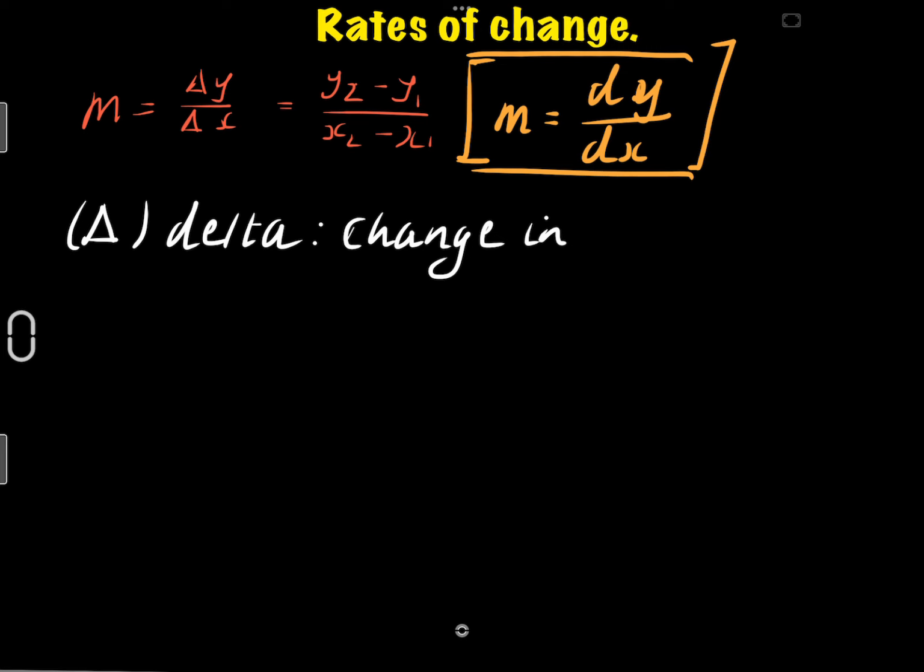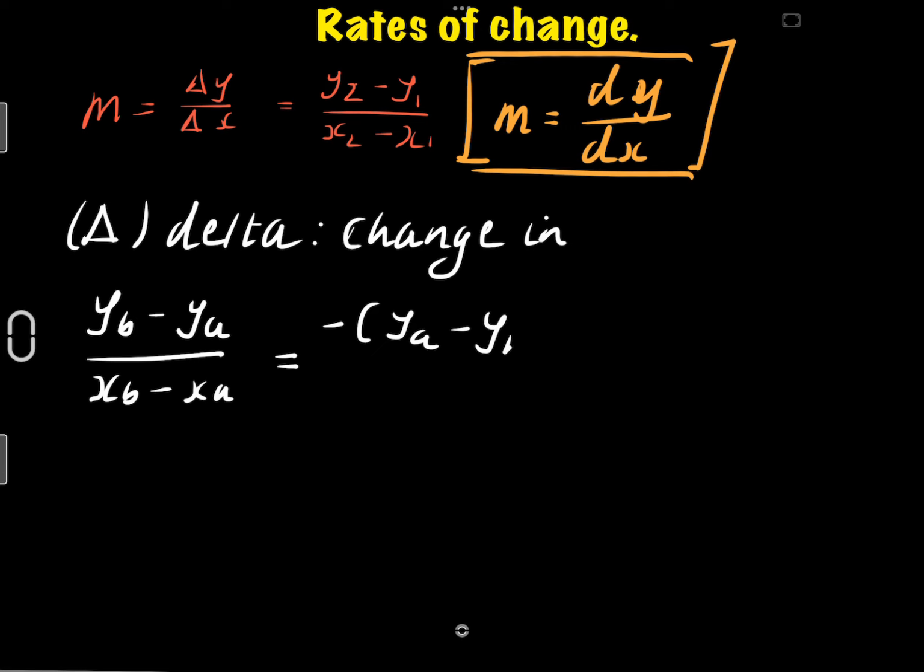Okay, now note, whenever we talk about the change of y over x, we have this annotation: yb minus ya over xb minus xa, which is the same as the change in ya minus yb over the change in xa minus xb.